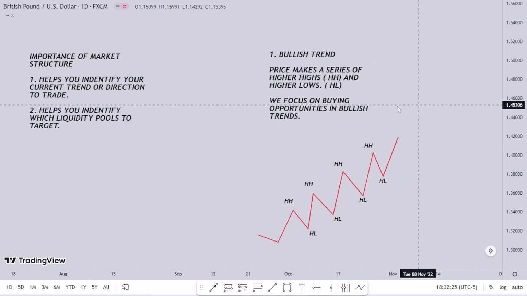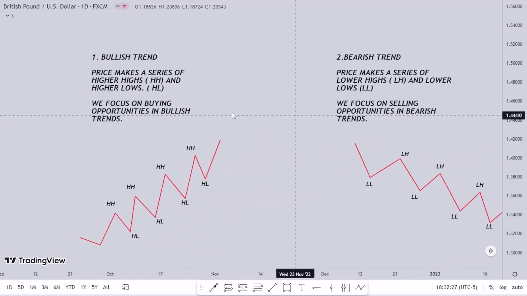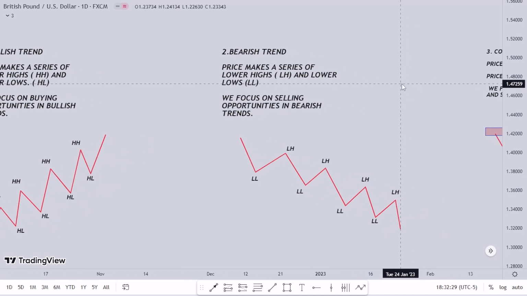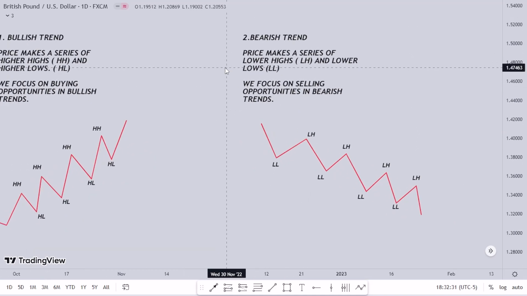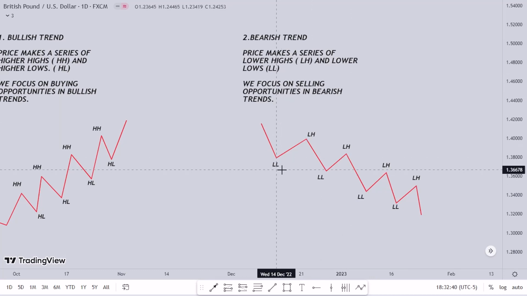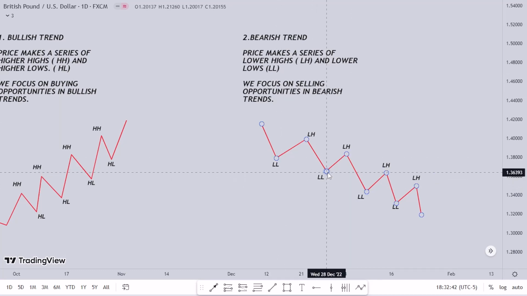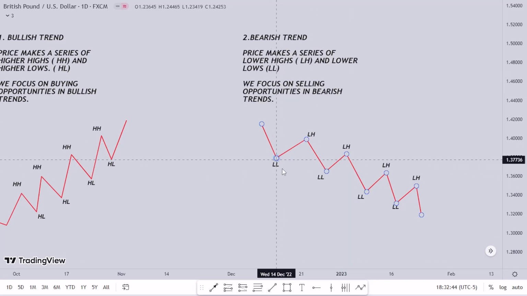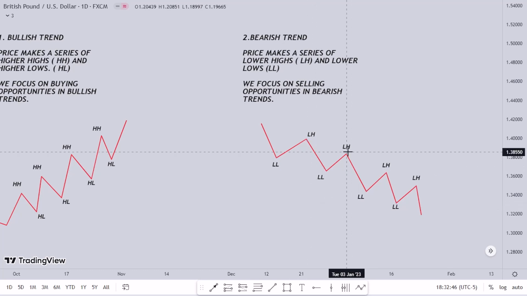So let's look at a bearish market structure. For a bearish market structure, price continuously makes a series of lower highs and lower lows. Let's quickly check that. You can see this low, it is lower than the previous low, so it is a lower low. You see this high, it is lower than the previous high, so it's a lower high.